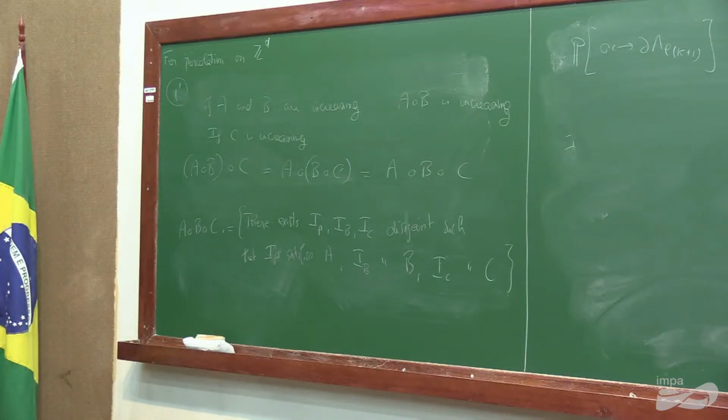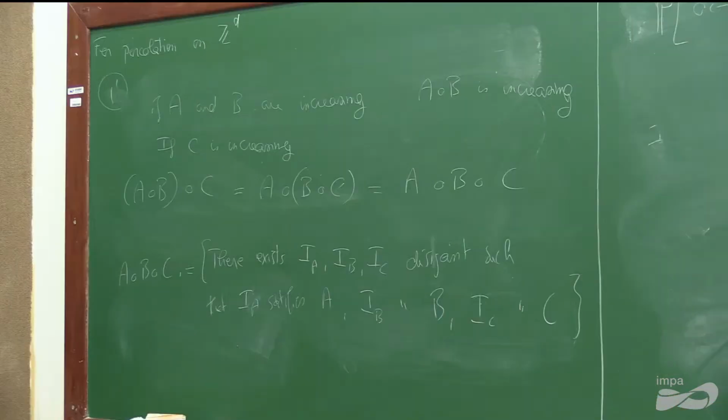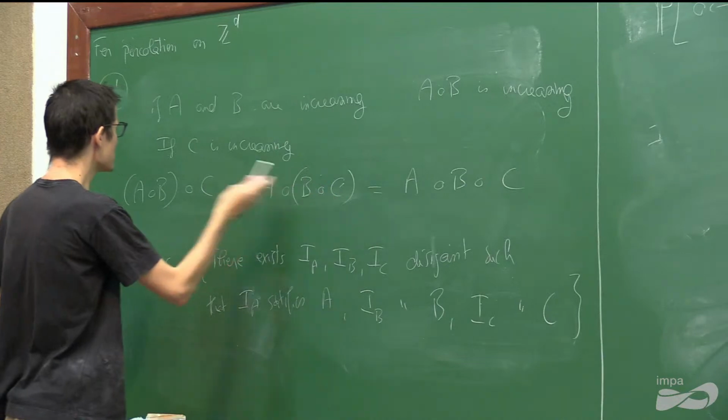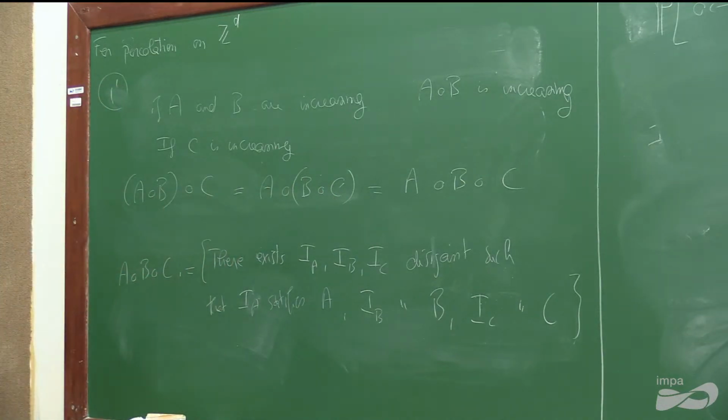Maybe it's better to check it to make sure. Because of this, basically, you can just iterate the BK inequality to see that it's valid for 3 events instead of 2. And it's also valid for K events instead of 2, just by induction.